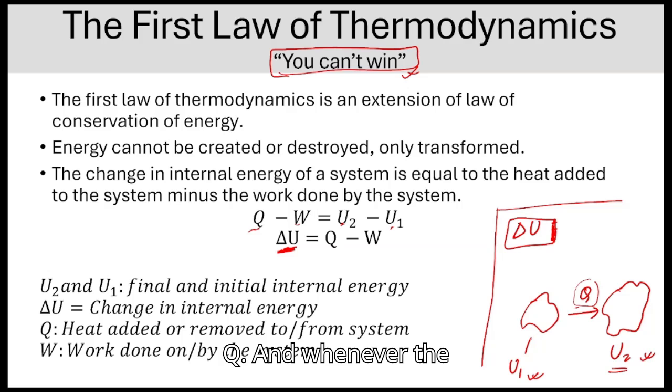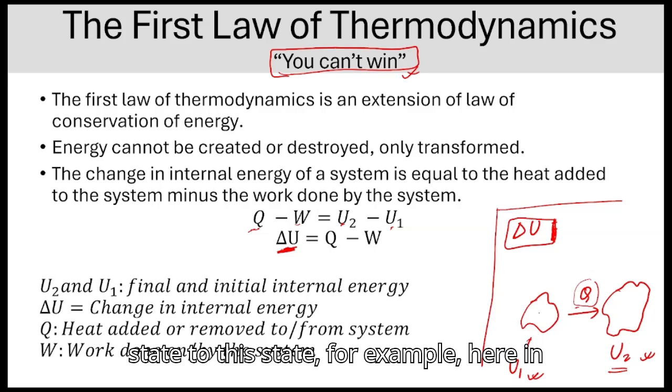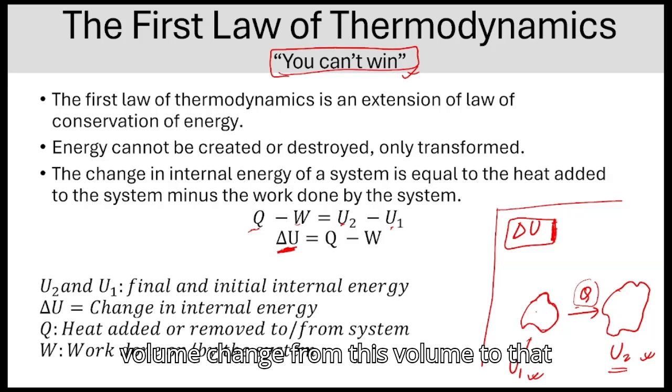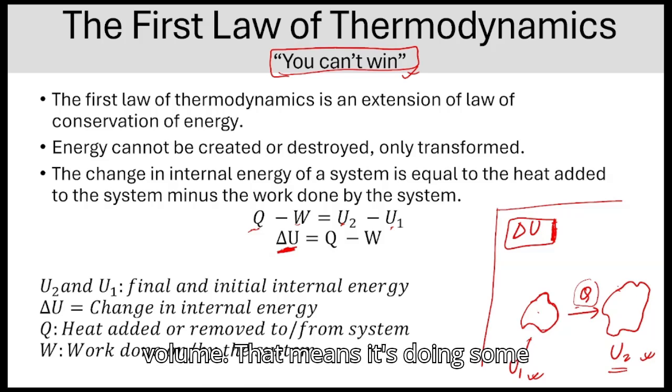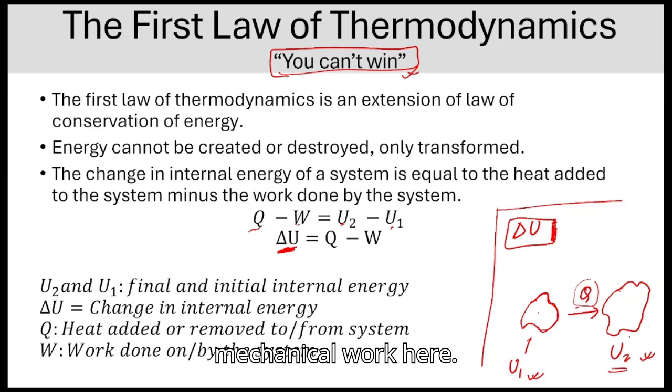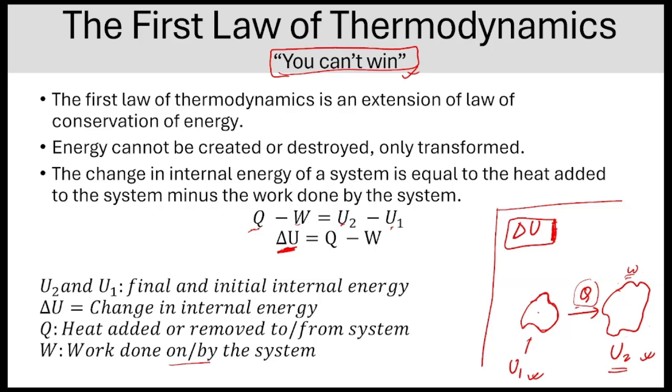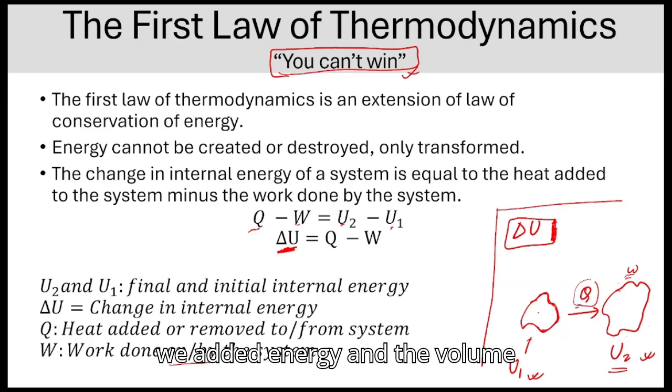And whenever the system changes from this state to this state, for example here we can see there is some volume change from this volume to that volume. That means it's doing some mechanical work. This work can be on the system or by the system. For example, here we added energy, and the volume is increased.